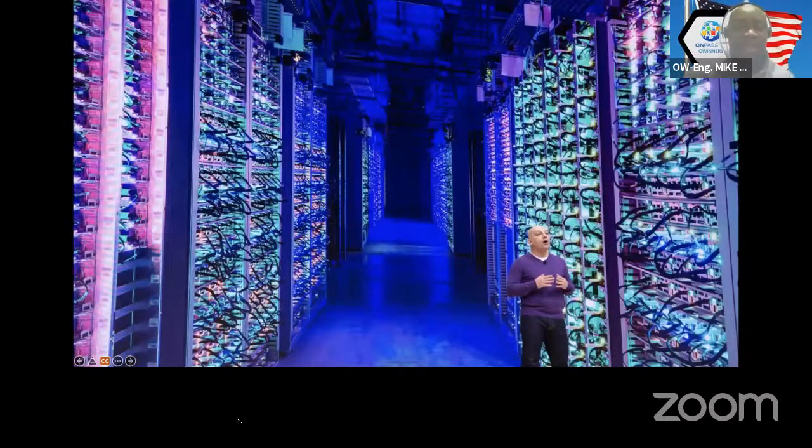Now, if you see again, where that first server administrator was is the front part of the data center. This is the behind part of the data center, because you have so many connections.